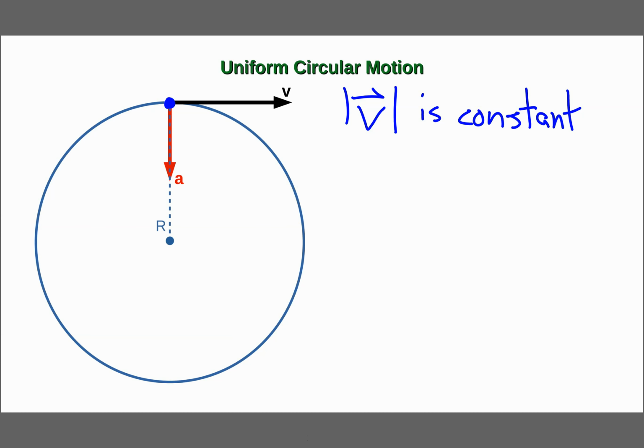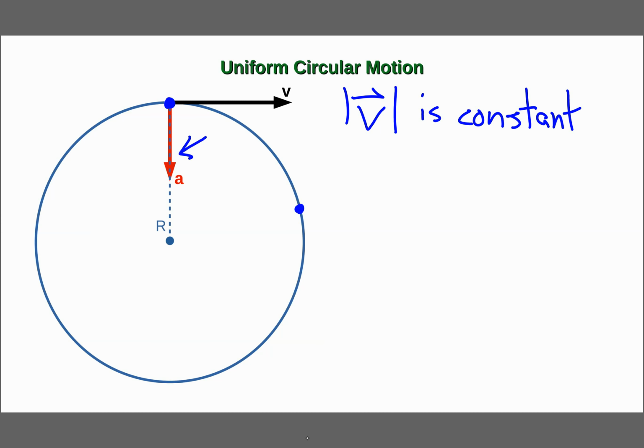So when we move through a curve with constant speed, we have an acceleration that points toward the center of the curve, perpendicular to our velocity at any given moment in time. Okay? So as we travel around this circle, this acceleration here always points toward the center of the circle.